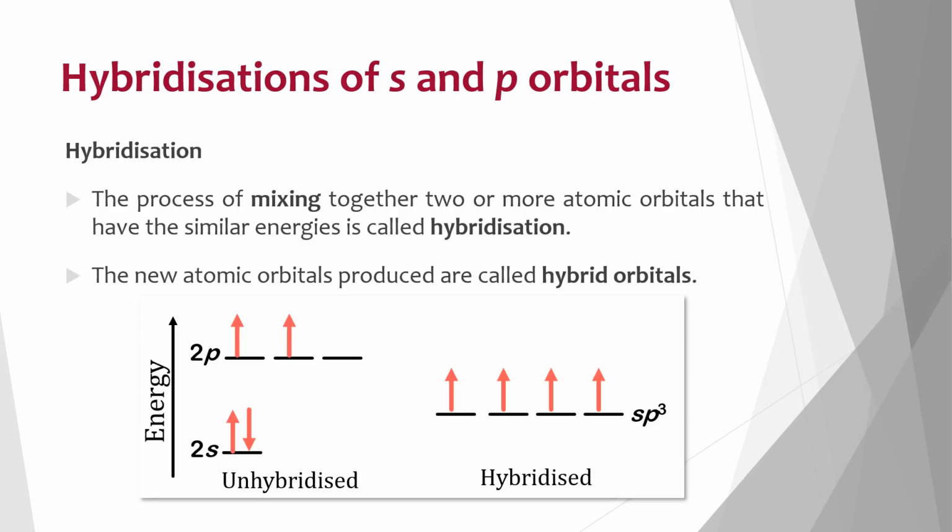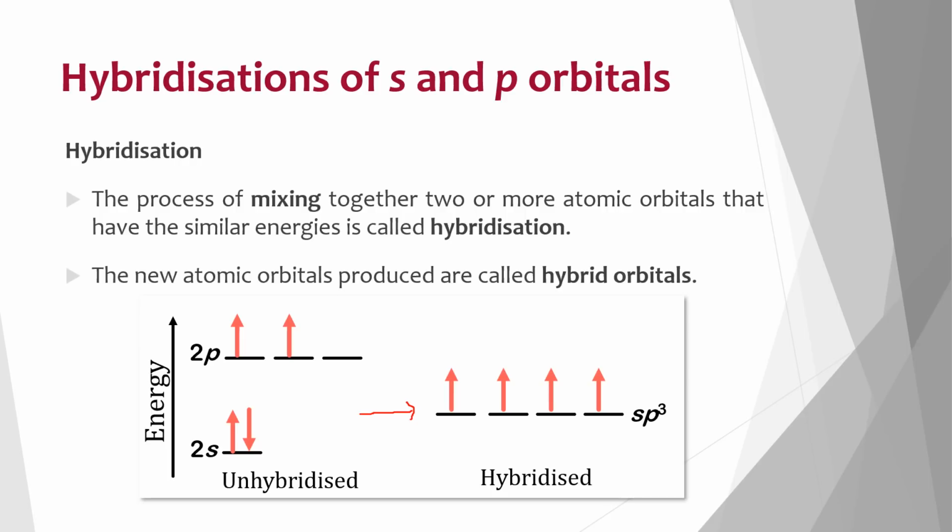So these are the examples on the hybridization between the 2s orbital and the 2p orbital. As you can see here, the 2s orbital will mix with the 2p orbital to form an sp3 hybridized orbital. So what does it mean by sp3 hybridized orbital?